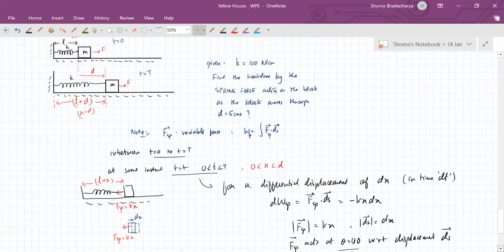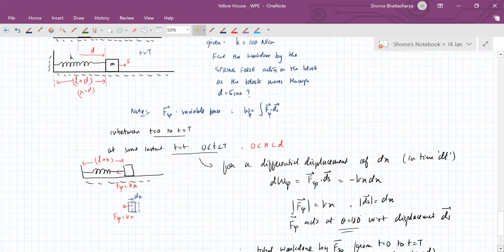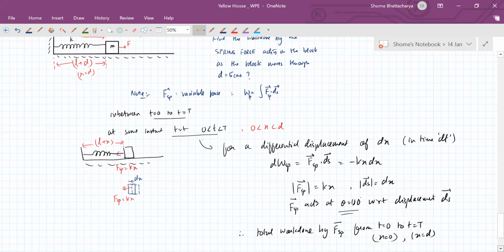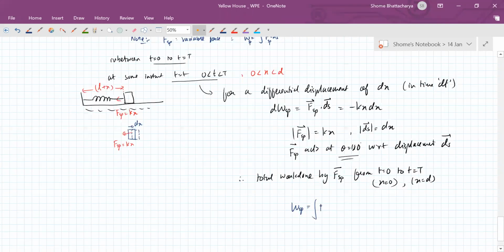So that total work done is going to be integration of this, which will further become from initial to final.